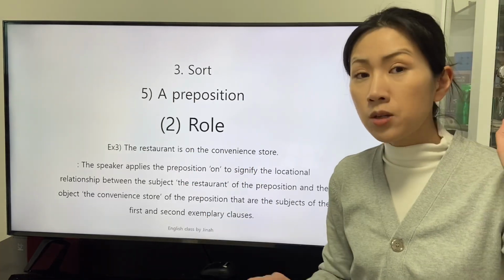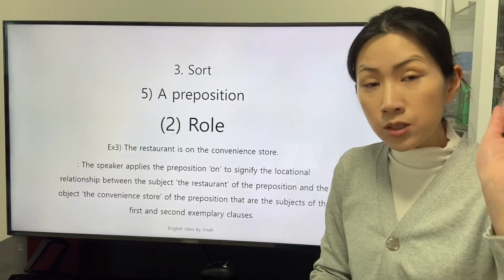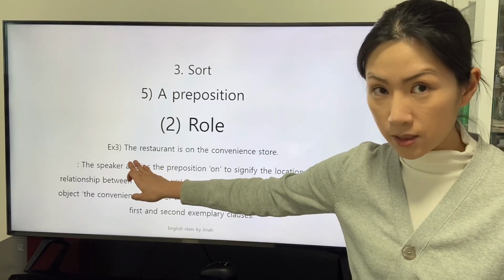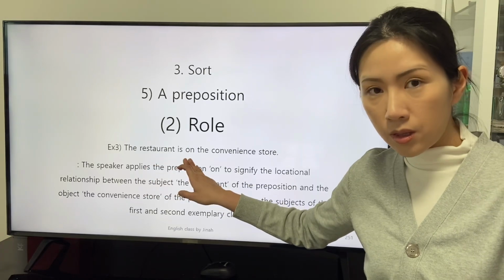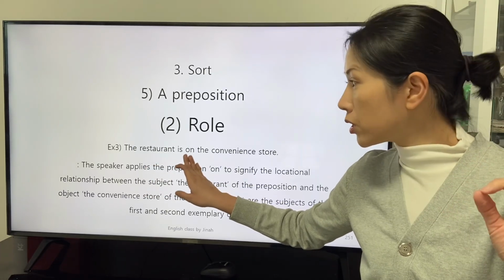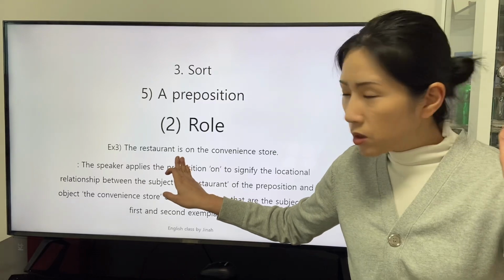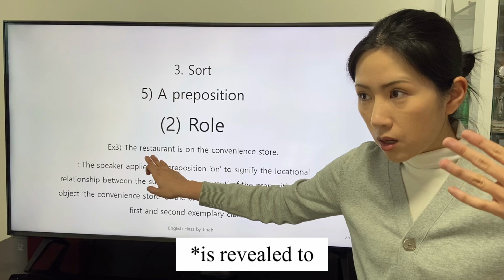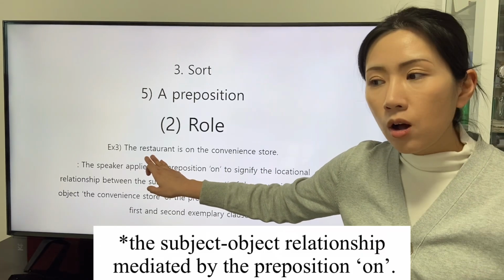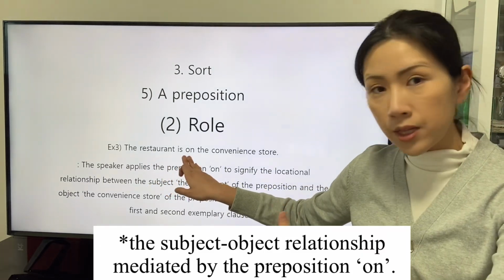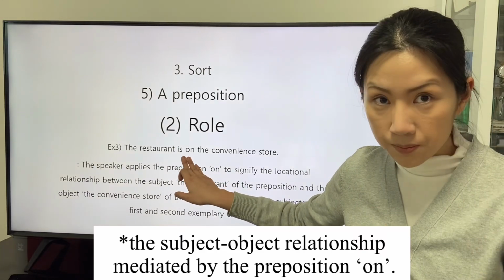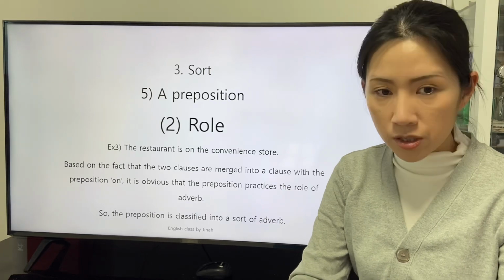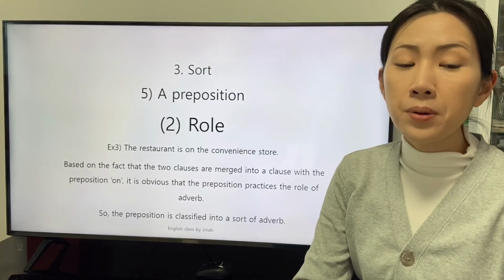We can also know that the intransitive verb is describes the subject, the restaurant, with the transitivity of the preposition on, the described subject by the be verb to have a relationship, the preposition on, based on the fact that the two clauses are merged into a clause with the preposition on.